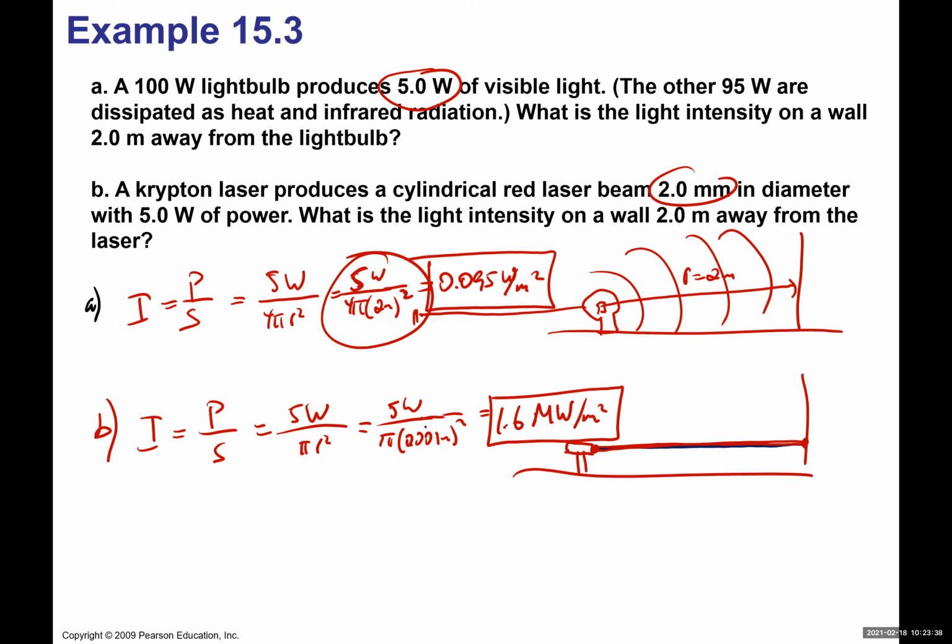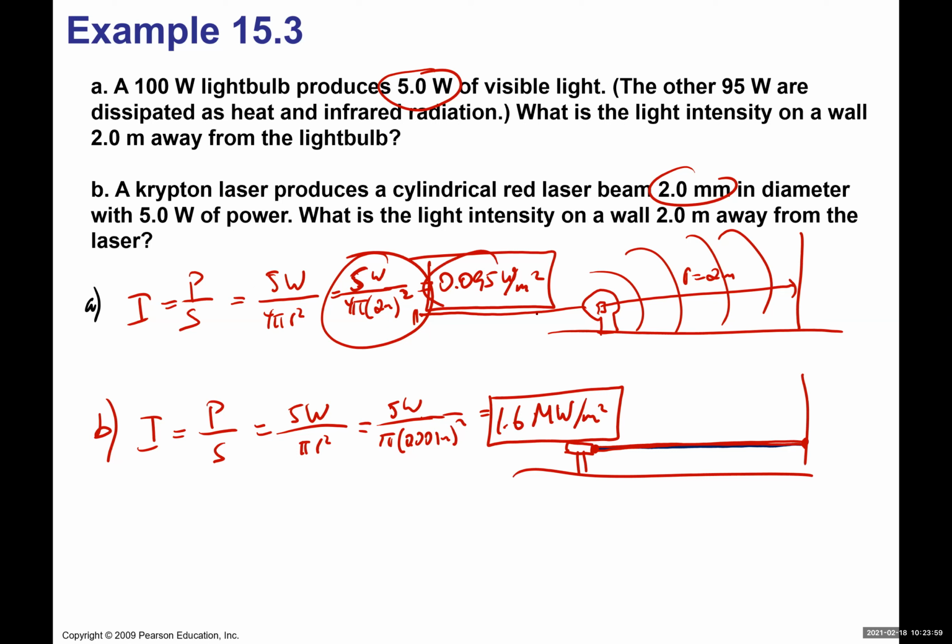All right. So again, for this one, it doesn't spread out, so it only generates light in exactly a circle with a 2 millimeter diameter. That's why its intensity is much higher, right?